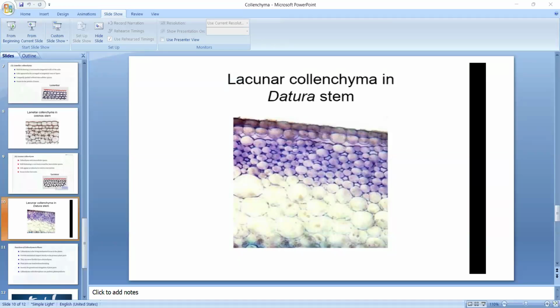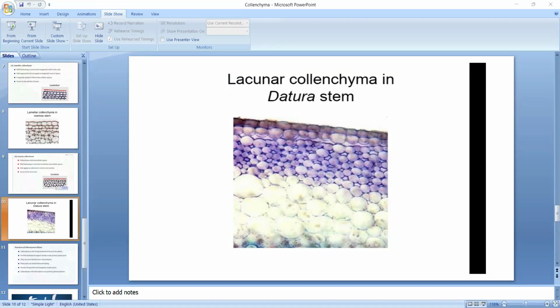In leaves, it gives rigidity to the framework formed by the midrib and veins. That is the main function of collenchyma, and it is present at the margins of the leaf lamina, preventing the tearing effect of the wind.